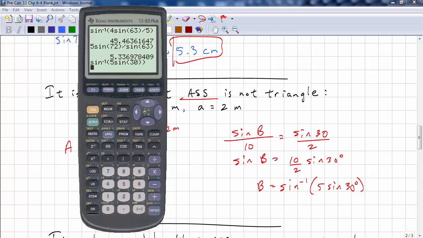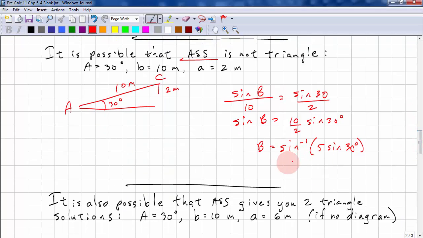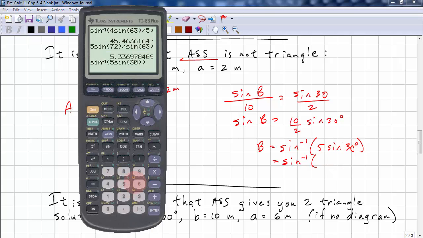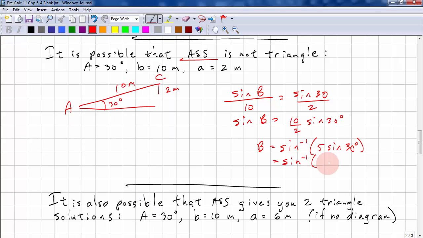What does this mean? Well, if we look at it closer, inverse sine, and we do this calculation, 5 sine 30, we get 2.5. However, the range of sine theta goes from -1 to 1.